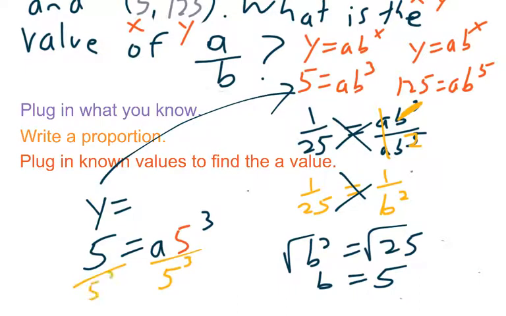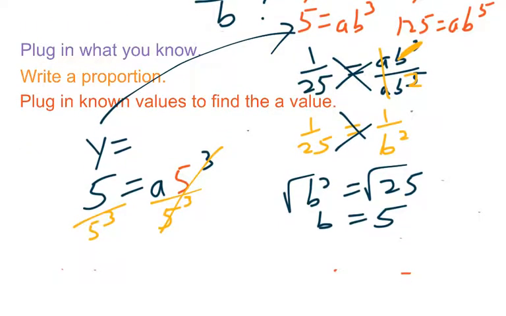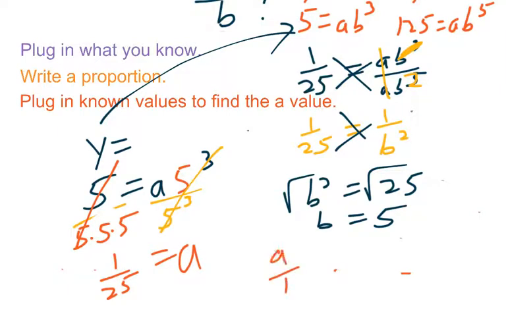I don't have to actually expand it out yet. And this really means that there's 3 5s on the bottom. 5 to the third means 5 times 5 times 5, so one pair of those cancel, so it's really 1 over 25 equals a. So now if I'm writing a over b, it's really 1/25 over 5.